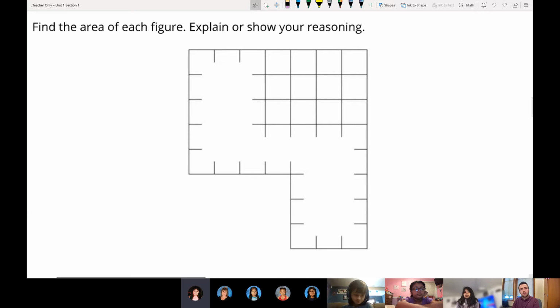To find the area of the shape, just count the columns and rows. Okay, go into some more detail on that. I like your thinking. How can we use the columns and rows to help us? To count the area inside of the.